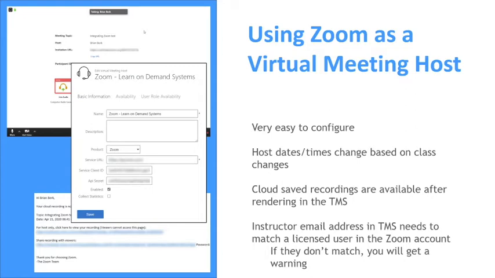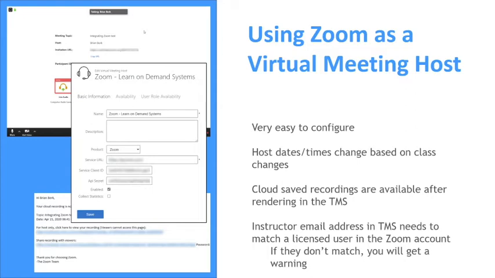Now, there's one very important and very serious consideration we need, and that is that the instructor email address that's being used in the TMS for the instructor of a particular class needs to match a licensed user in the Zoom account.